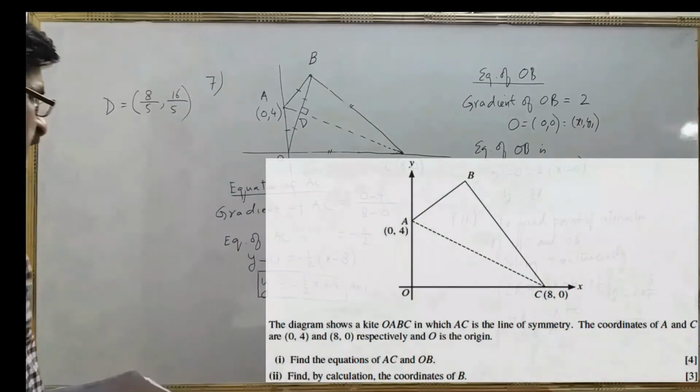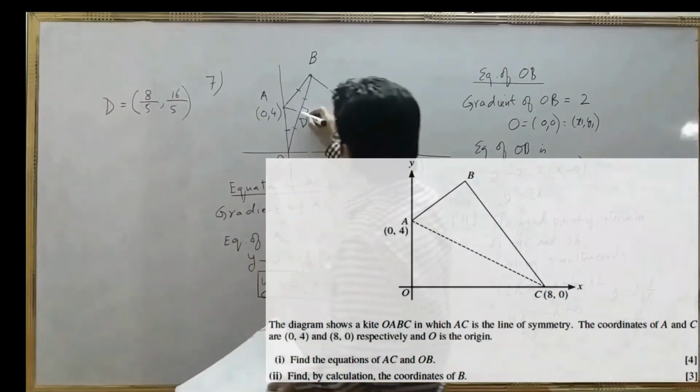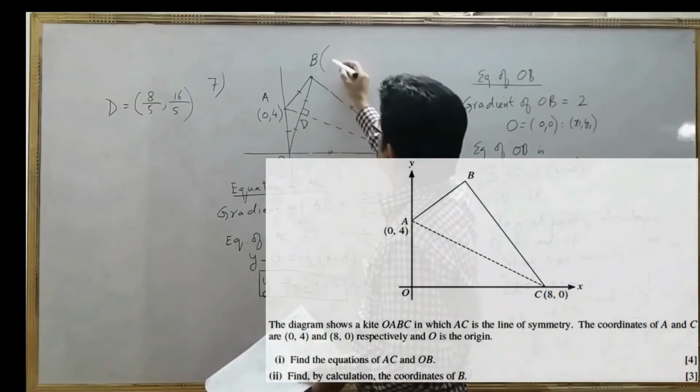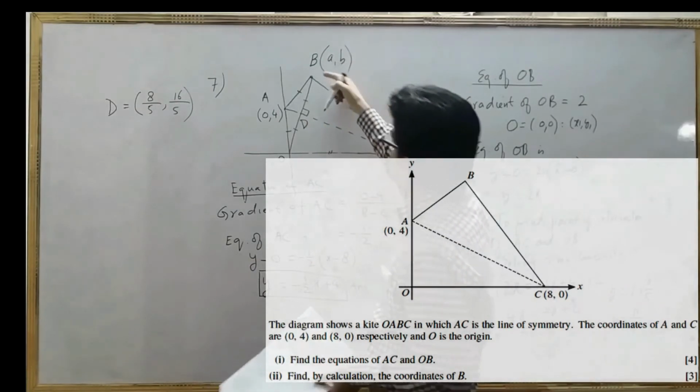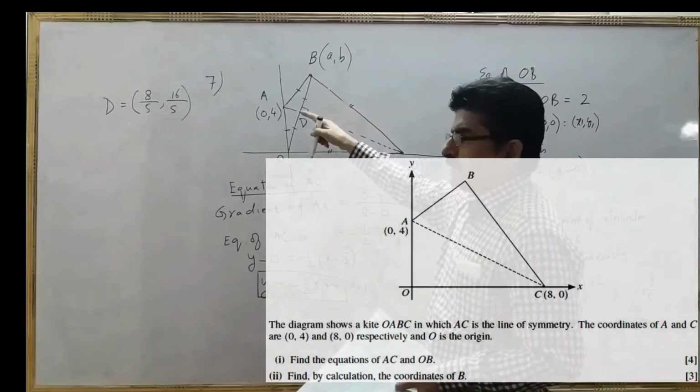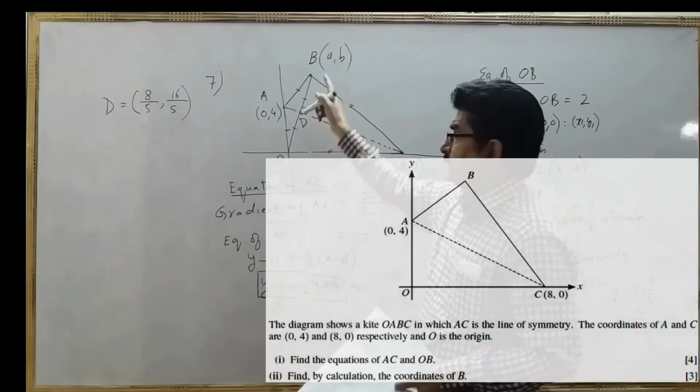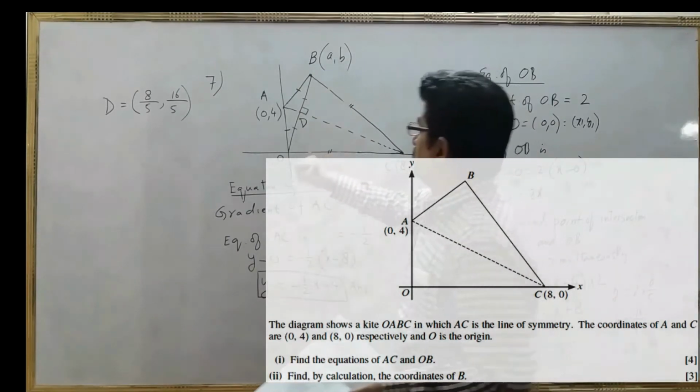Now we use the property that D is the midpoint. Suppose this point is AB. Now it is one of the end points. You have to find the end point. You are given the midpoint.